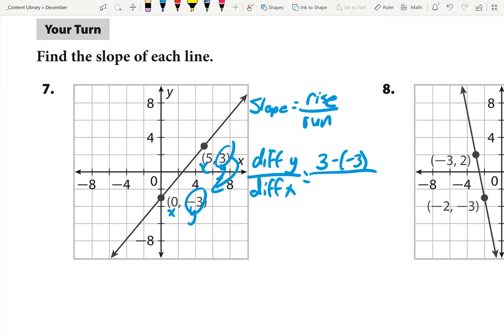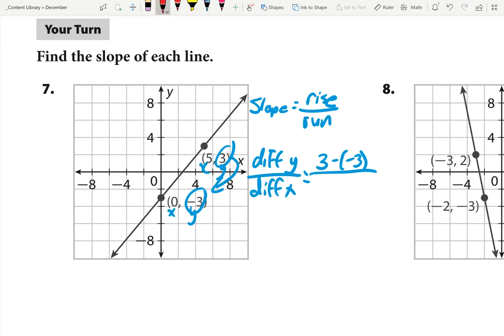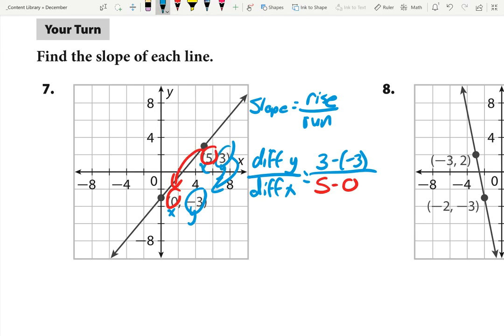Negatives can be tricky. And then for the x values, we'll subtract them from each other. So the x values are 5 and 0. So we're going to subtract them. 5 minus 0. So we end up with a slope. 3 minus negative 3 is 6, because essentially a minus negative becomes a plus.